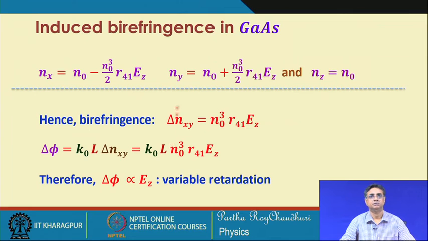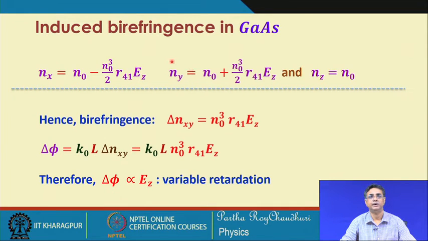So, let us recall that in the case of an isotropic medium like gallium arsenide, in the new principal axis system, the refractive index Nx can be written in this form with the original refractive index N0 minus this quantity, which is a function of the applied electric field along z direction.